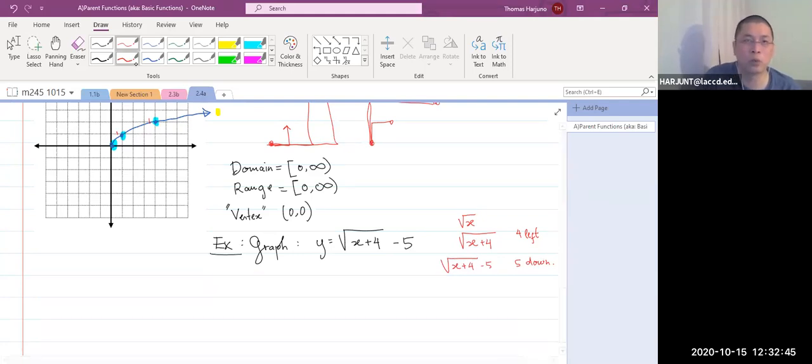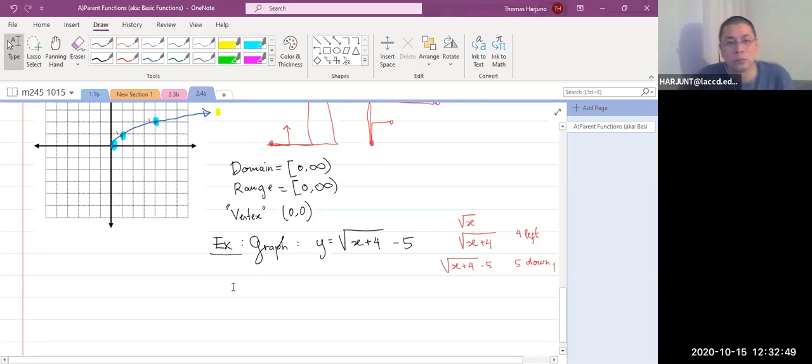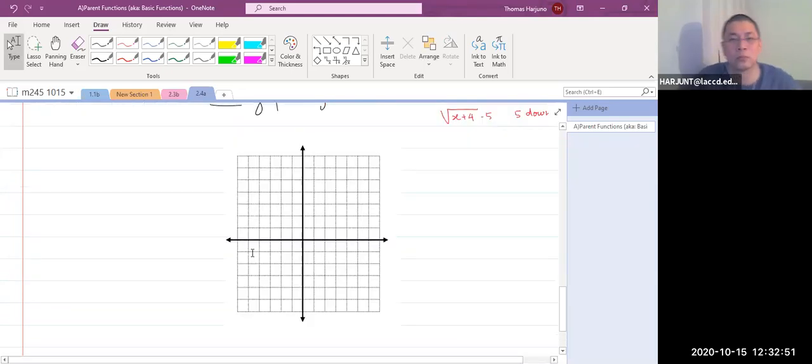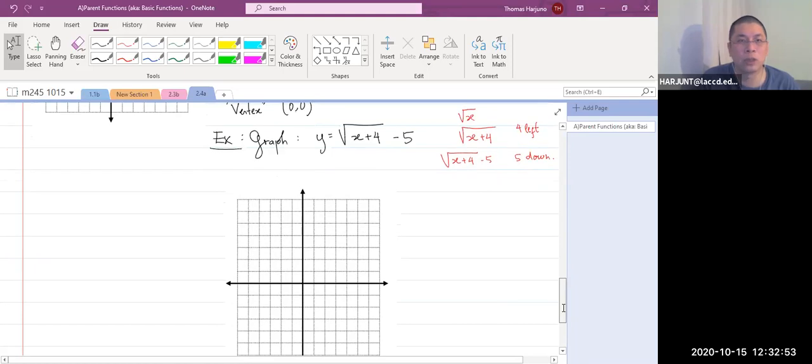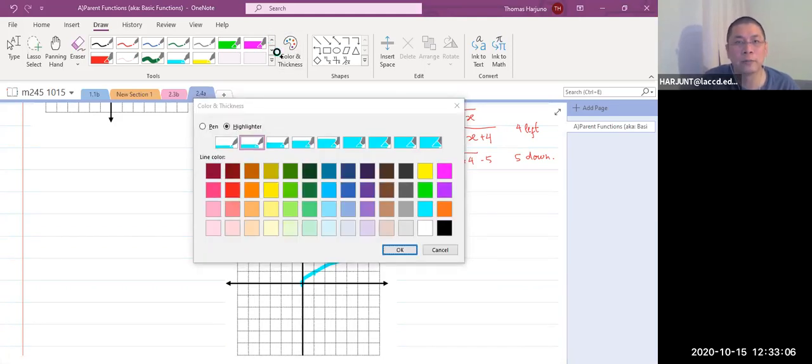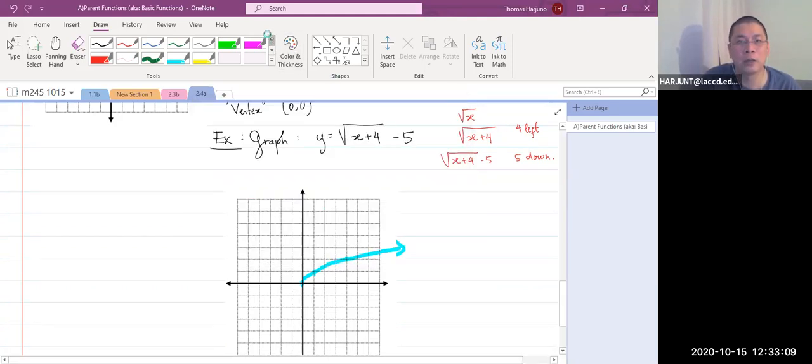Now then, what will the graph look like? Originally, the graph looks like this. But I need to move this 4 to the left, and then 5 down. So starting from this vertex, 4 to the left, 5 down.